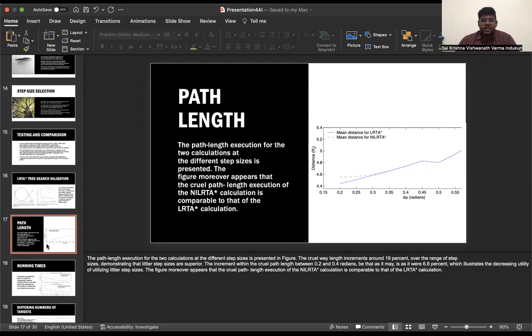So the increase within the mean path length between 0.2 and 0.4 radians, however, was 6.8%, which illustrates the decreasing utility of using small step sizes. So the path length performance for the two algorithms at different step sizes is present in the figure.